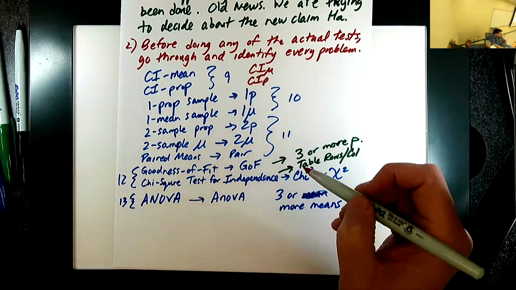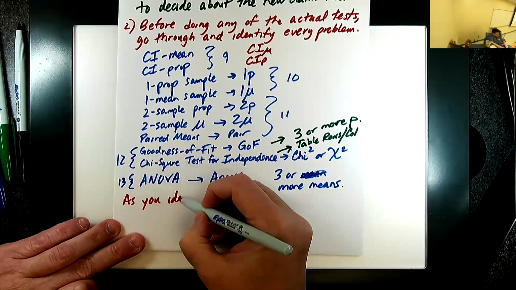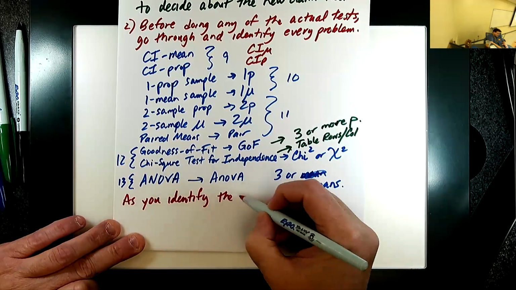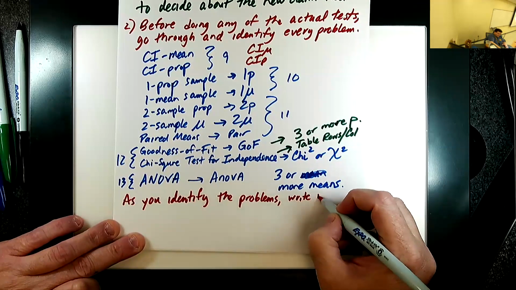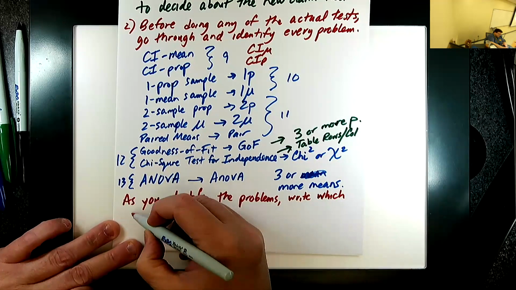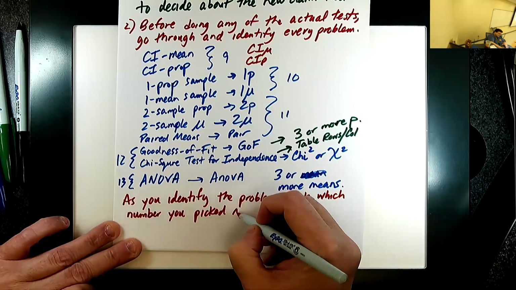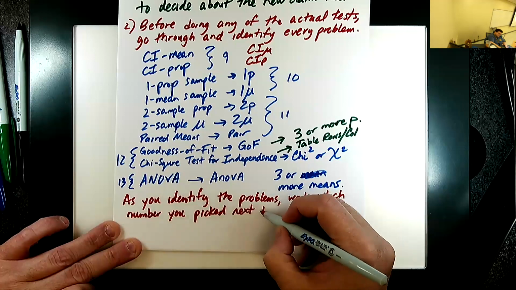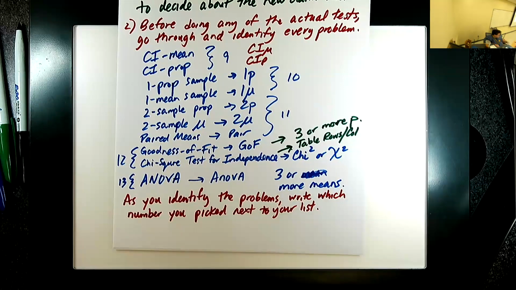And then as you go through and identify the problems before working them all out, write which number you picked next to your list. If you can go through the entire test, label all 10 problems, and they're all labeled something differently, there's a good chance you did it right.